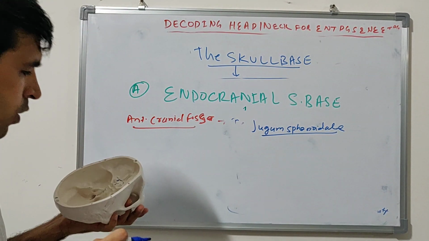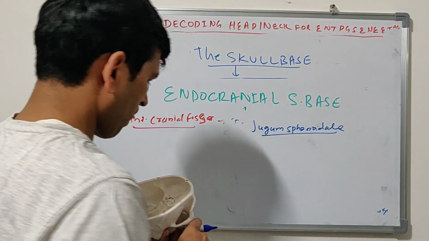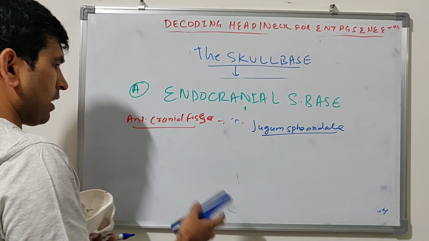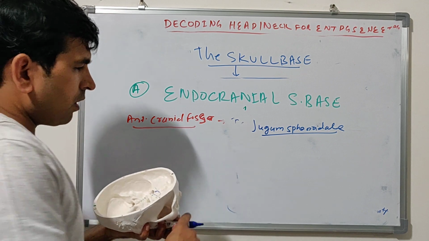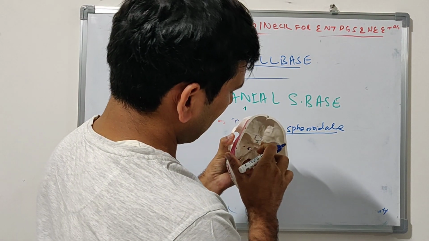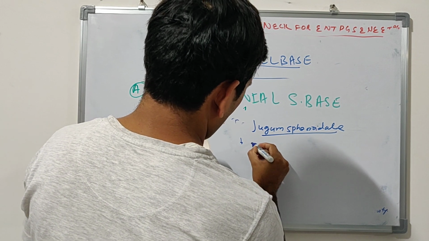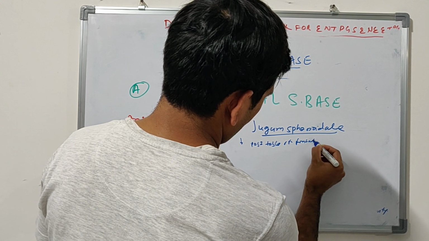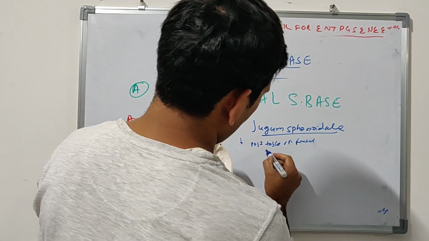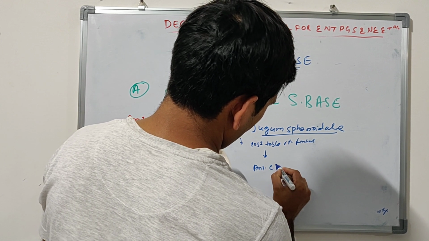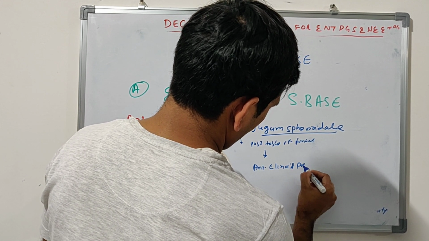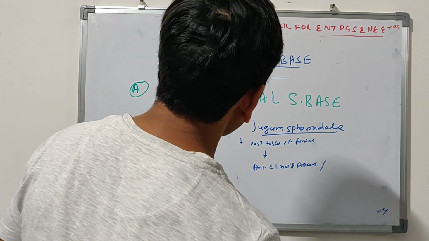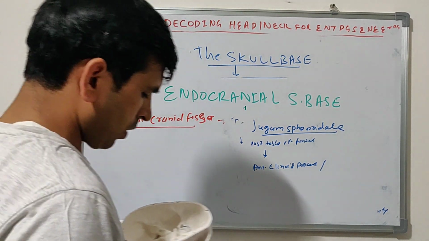The anterior cranial fossa extends from the posterior table of the frontal sinus up to the anterior clinoid process and the posterior margin of the lesser wing. This is all about the anterior cranial fossa.